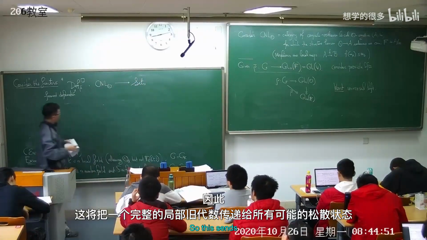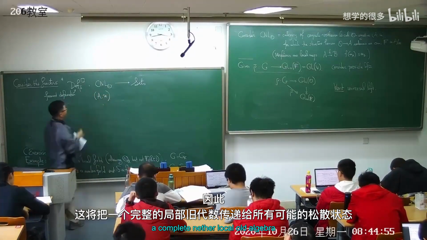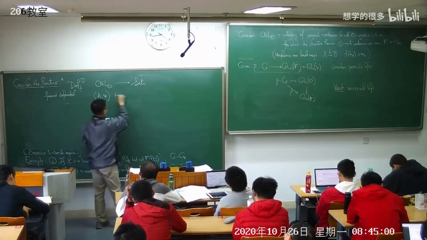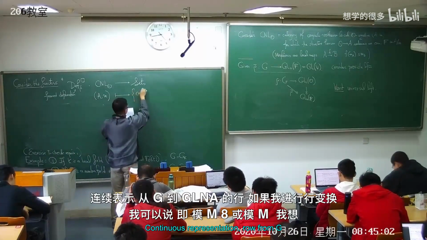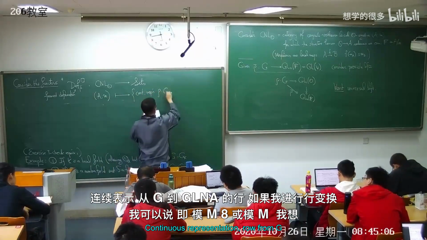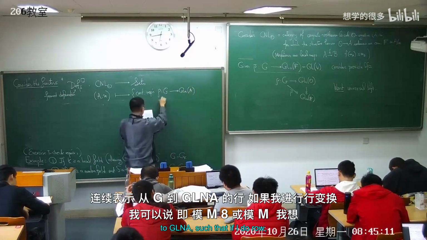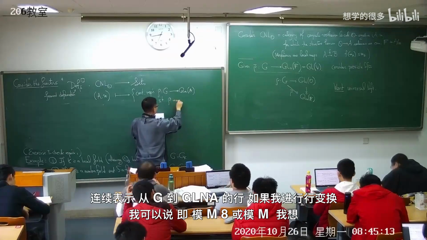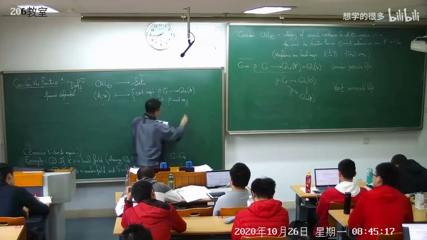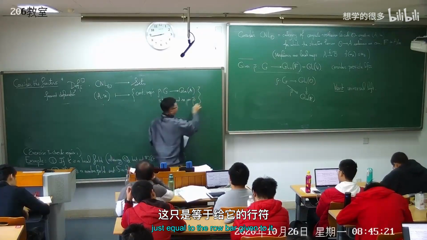So this sends a complete Noetherian local O-algebra A to all possible lifts, continuous representations rho from G to GL_n(A) such that if I do rho mod M_A, this is just equal to the rho bar given to me.